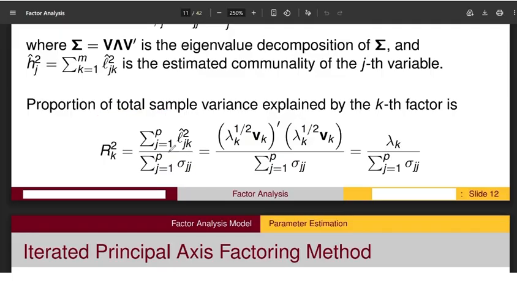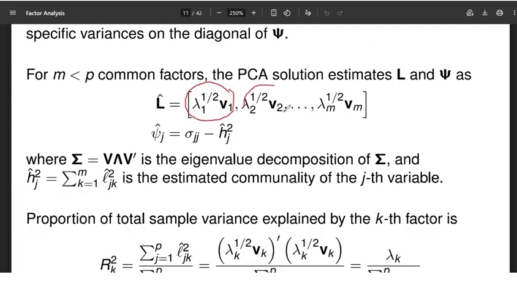This is the total variance, and this is the one for a specific factor, the sum of squared loadings for a specific factor. And don't forget, we got the sum of squared loadings from this guy here.